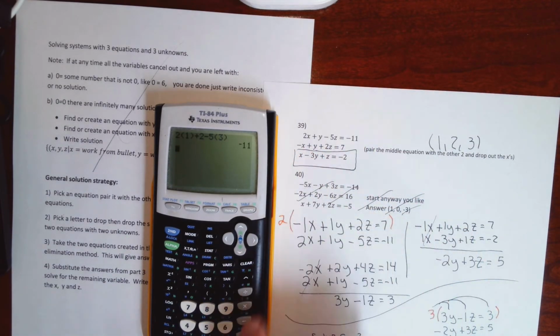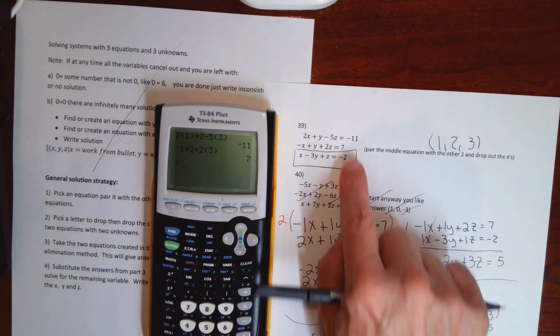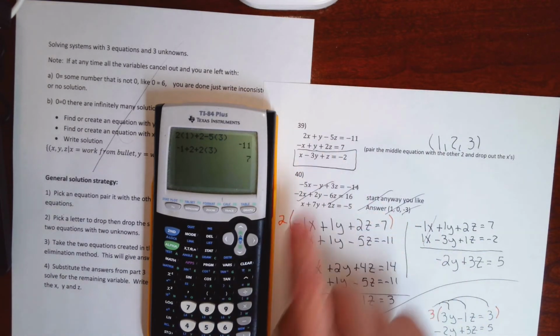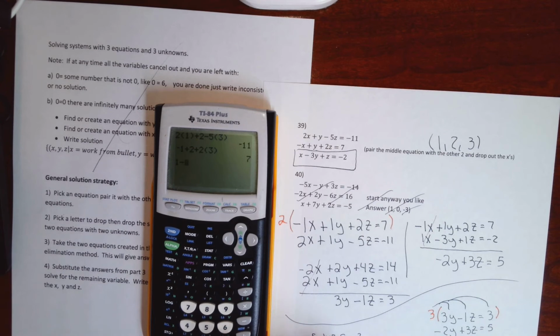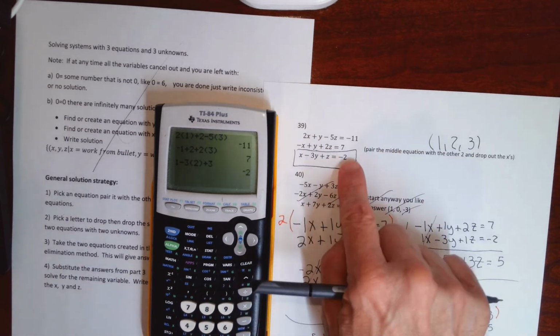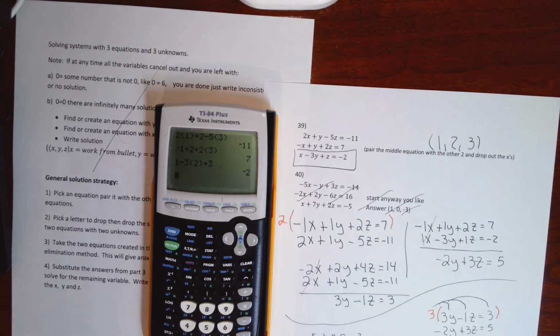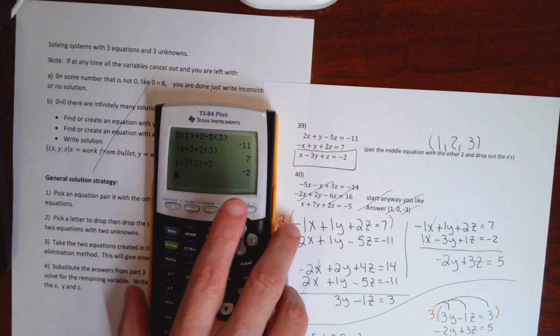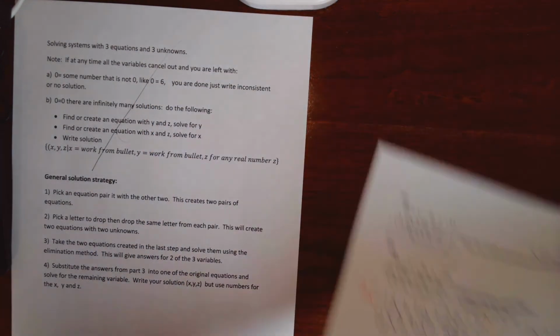In the middle equation, minus 1 for x plus 2 for y plus 2 times 3 for z, and I get 7. And then the bottom equation, 1 minus 3 times 2 plus 3, and I get minus 2. So it works perfectly, just calculator checking. It only took a second to check. It's worth checking ahead of time.